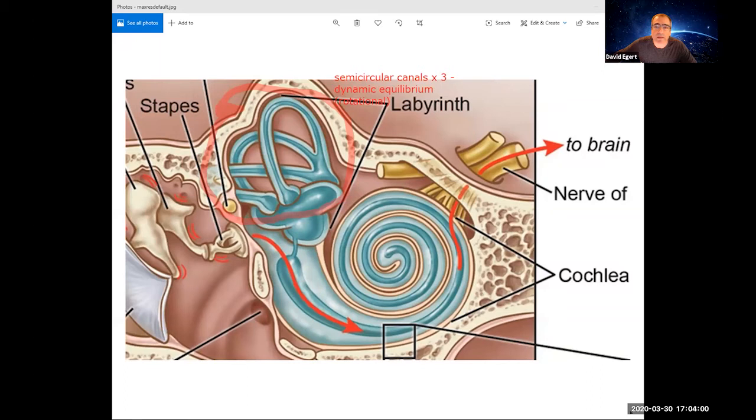Another part is this part right here, which we often call the vestibule.